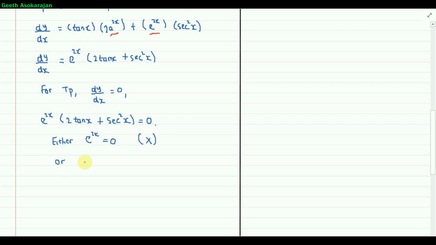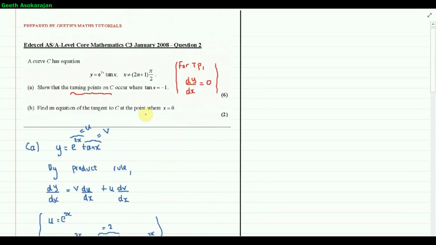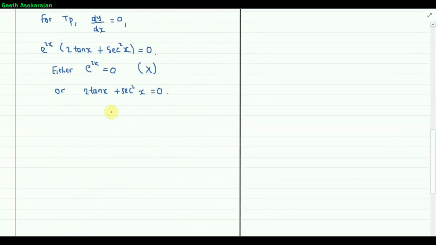Or 2 tan x plus sec squared x is equal to 0. So let's work on this equation over here. Now if we go back to our question, it says to show that the turning points on C occur where tan x equals -1. So if we go back to our answer, we're far from finished.